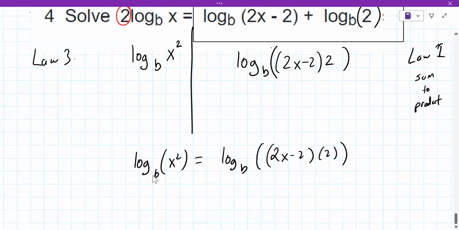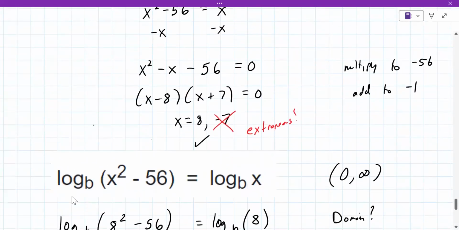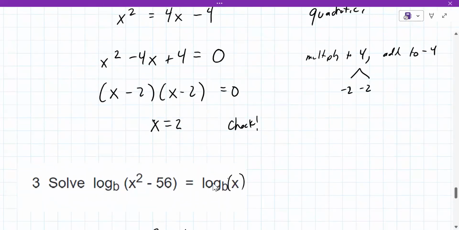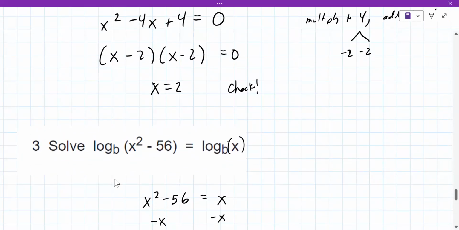I don't understand. Well, let's go back and look at a previous problem. The log base b is the same. And what did we write on the next line? x squared minus 56 equals x.